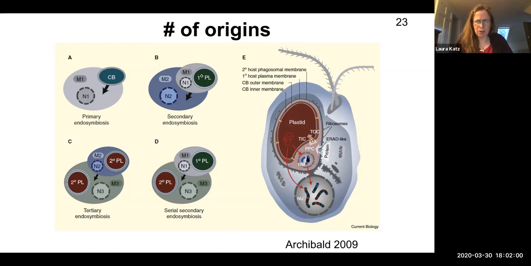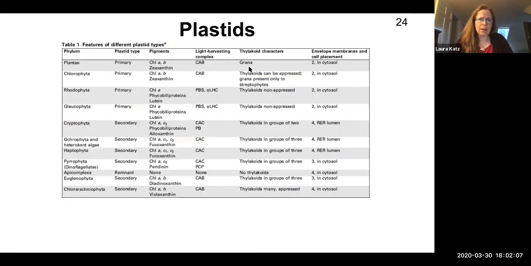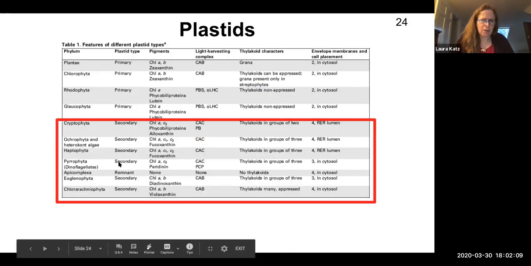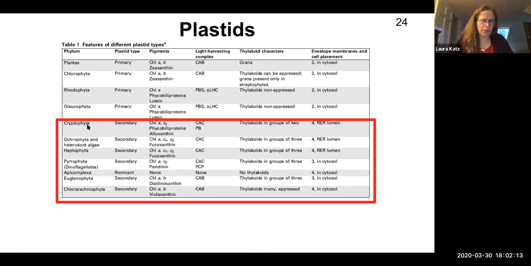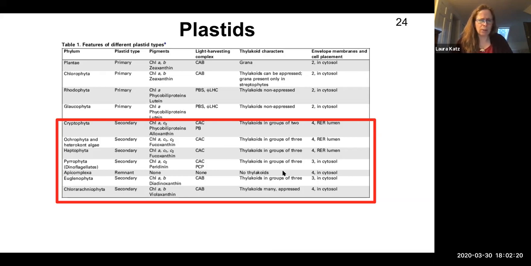It has the red algal nucleus and its own nucleus, very strong evidence of secondary endosymbiosis. So these are the secondaries that we're talking about, the cryptophytes that have a nucleomorph in them and all these other crazies here. If you want to, you can see about the placement of these, but I'm going to let that go for now.